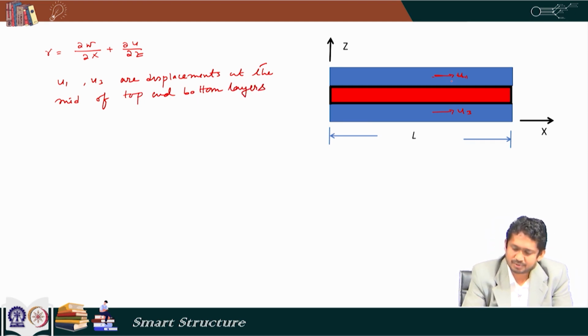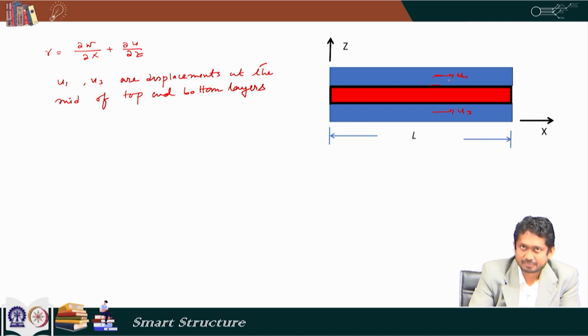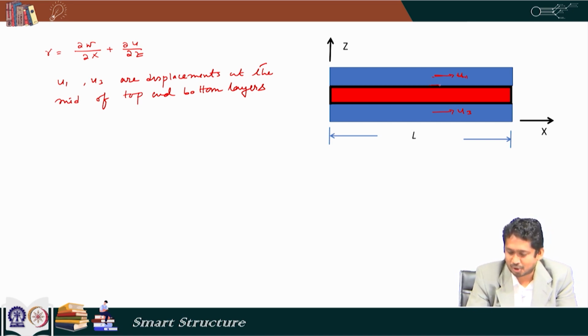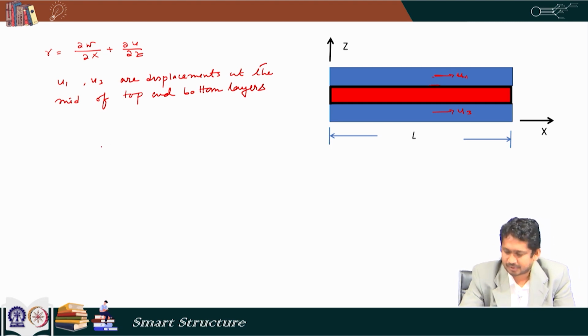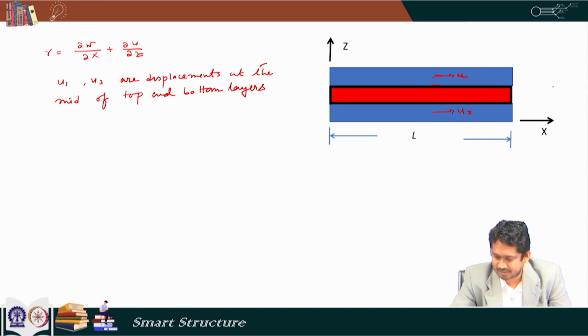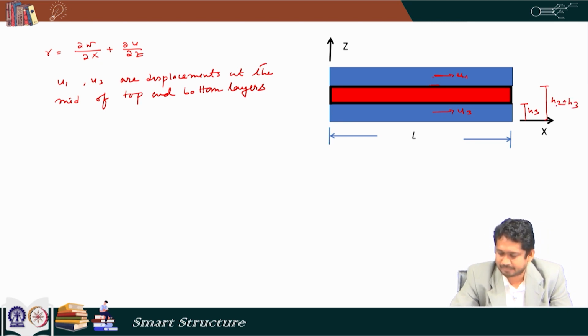Then the displacement at the junction between the core and the top layer can be written as follows. As per our definition, this is H3 and this is H2, so H2 plus H3.